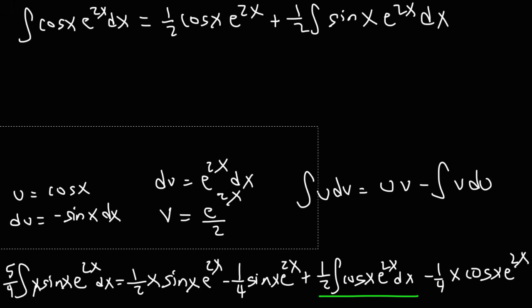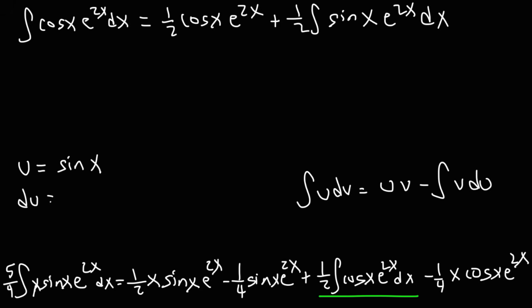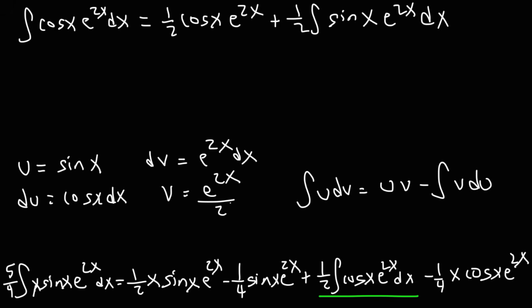Now we need to use integration by parts one more time. So this time we need to make u equal to sine x. du is going to be cosine x dx. And dv is going to be the same. So this is equal to 1/2 cosine x e to the 2x plus 1/2.